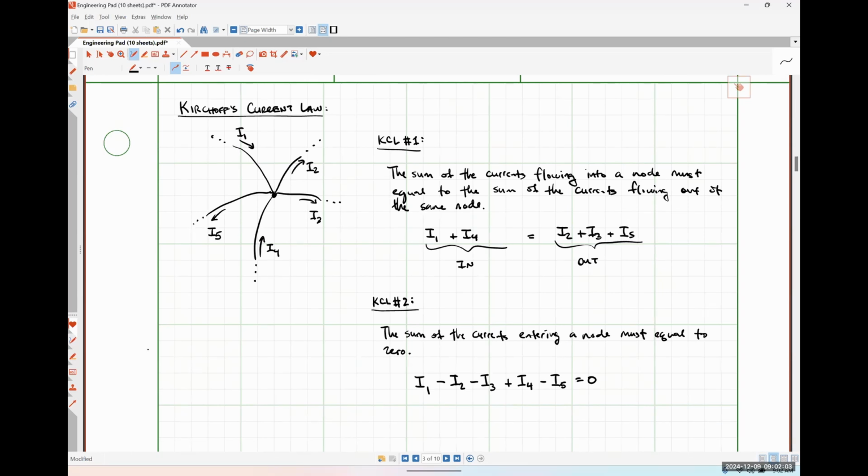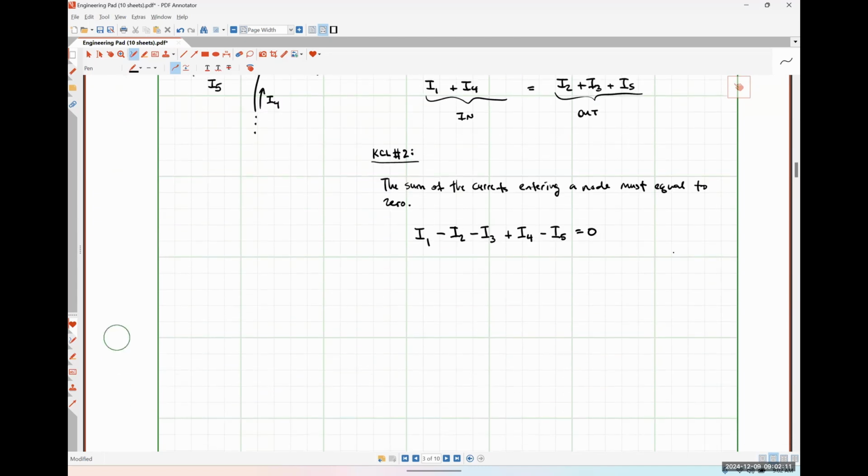And KCL number 3 is effectively the exact same thing as KCL number 2, except that we'll say that all of the currents exiting a node have to come together and make 0.